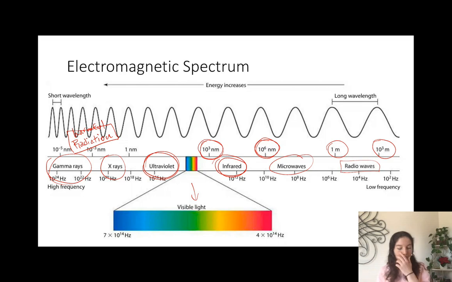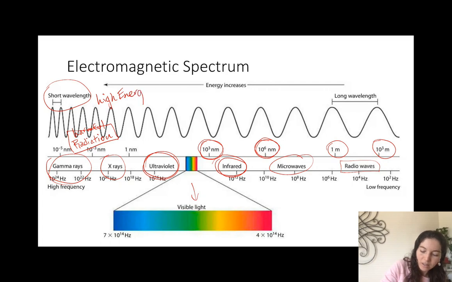We're going to learn why. You can see the wavelength difference here. Radio waves are really big. Things that have high energy, like gamma rays, X-rays, and UV lights, have very short wavelengths but very high energy. That's what makes them damaging. These are not damaging because they have a low energy.